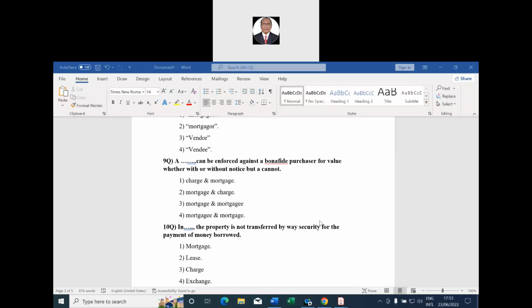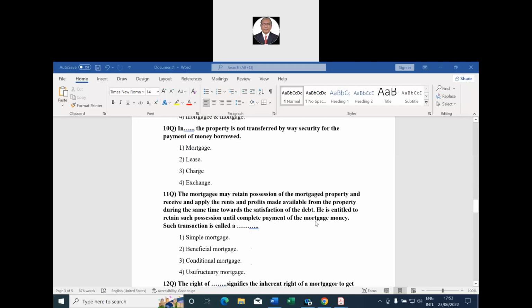Number 1, wrong. Number 3, wrong. Number 2, lease. In a lease, the property is not transferred by way of security for the payment of money borrowed.